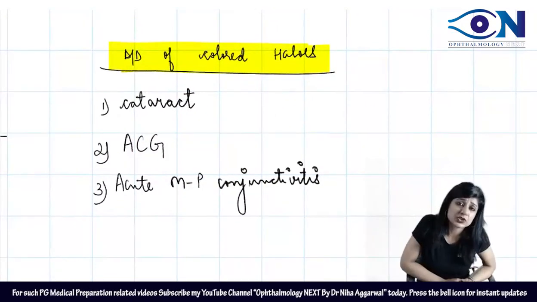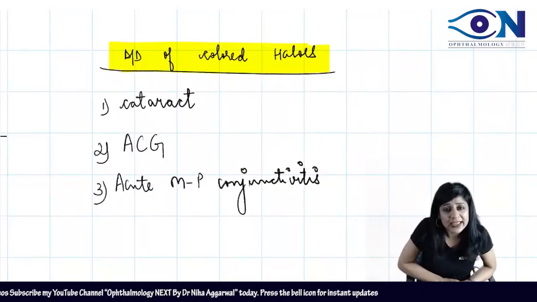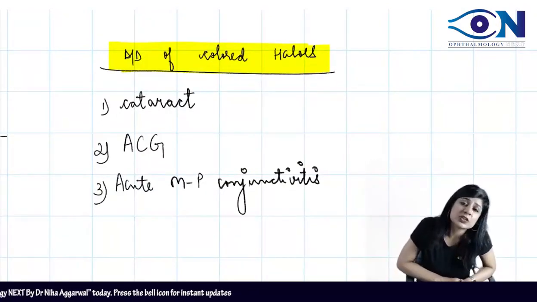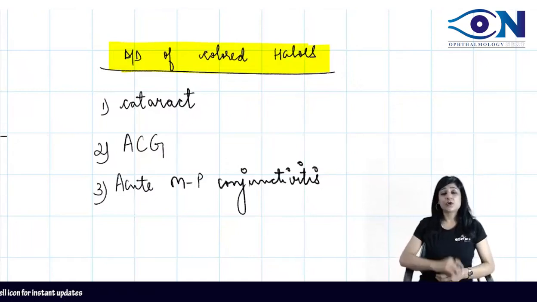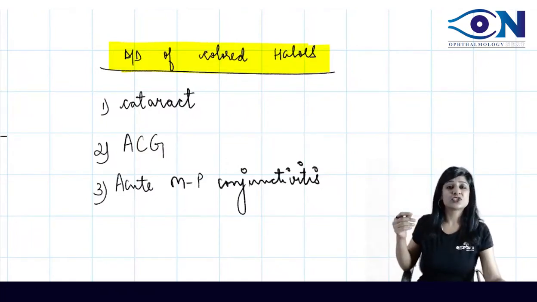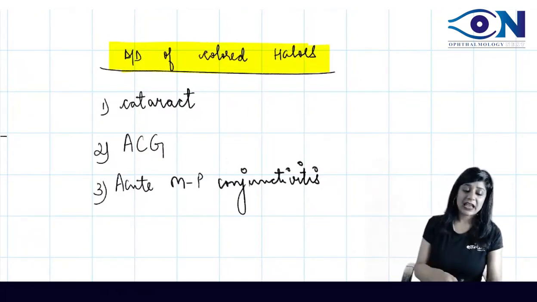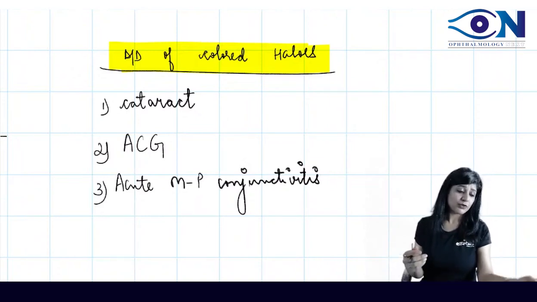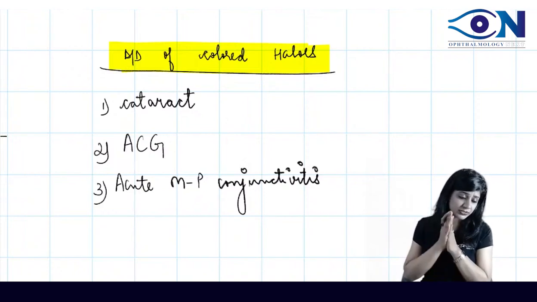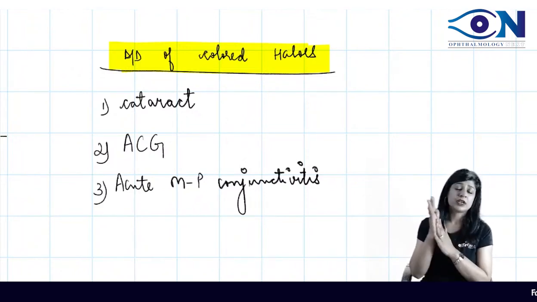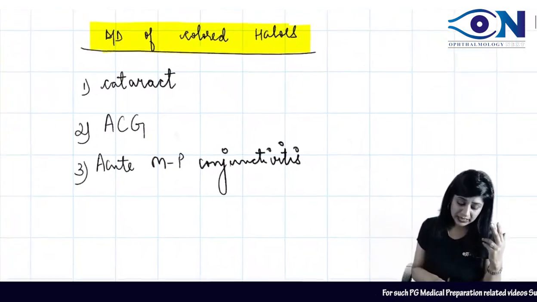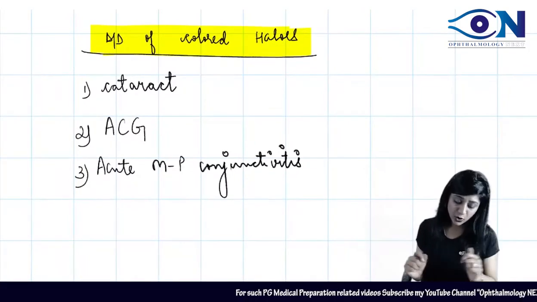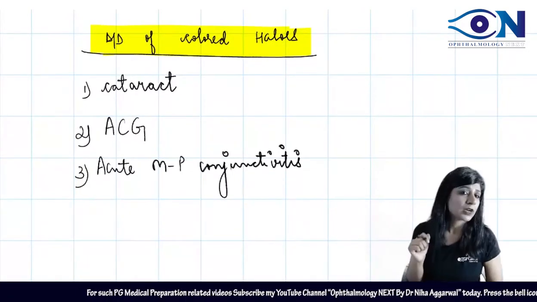You can ask the patient with the history of colored halos. You can ask the patient about was he able to open the eyes, yellowish discharge, right? We can have some kind of discomfort. Also, stye is not a cause of the colored halos, guys. Okay, stye is not the cause. We have got the cataract, we have acute congestive glaucoma, and we have acute mucopurulent conjunctivitis.